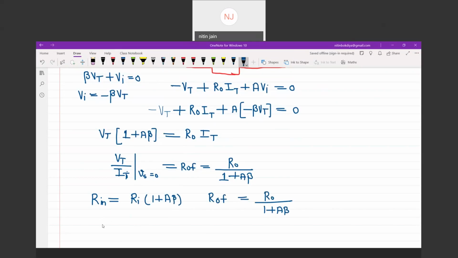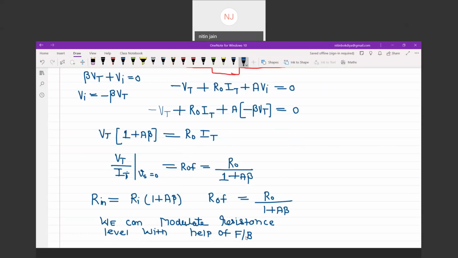We can modulate the resistance level with the help of feedback.